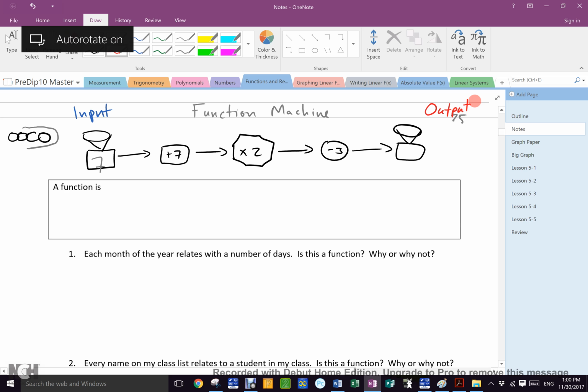So we've all seen the function machine, or as some textbooks boringly named it, an input-output machine, which is super lame.